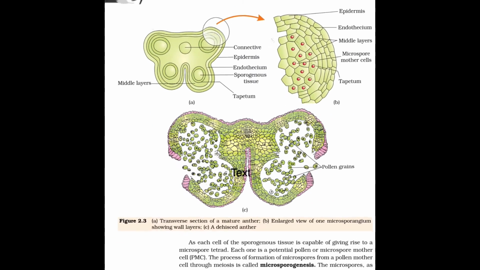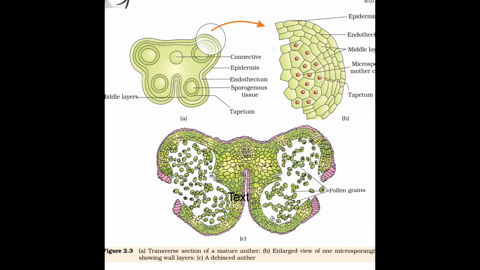Let's see the detailed structure of an anther, internal structure. This is tissue level presentation of an anther. You can see here this looks like a tetragonal.